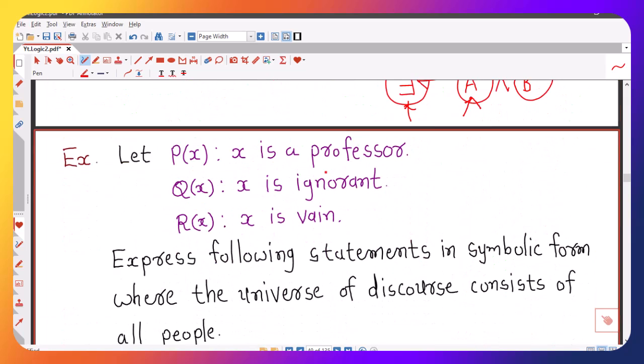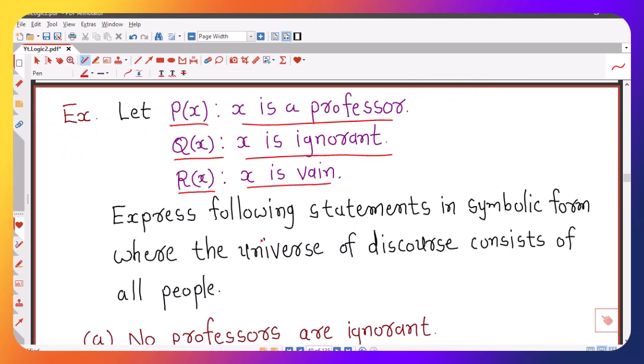We consider another example. Suppose Px denotes that x is a professor, Qx denotes that x is ignorant, and Rx is the notation for x is vain. Using these notations we have to write given statements in symbolic form, and the universe of discourse or domain consists of all people.